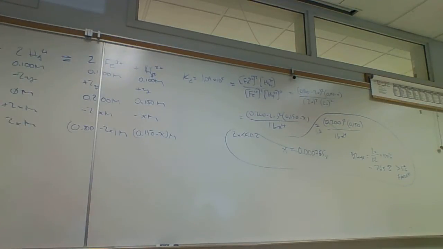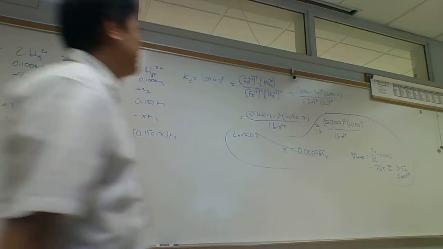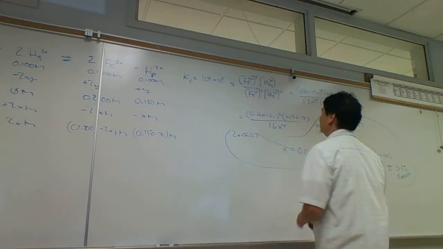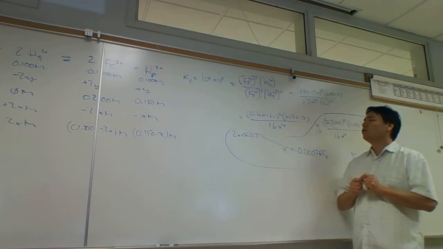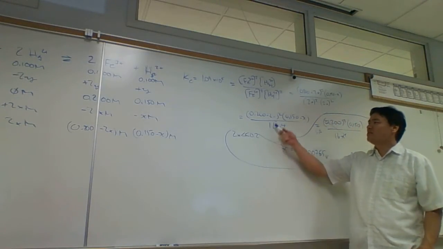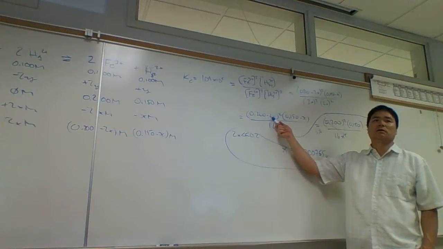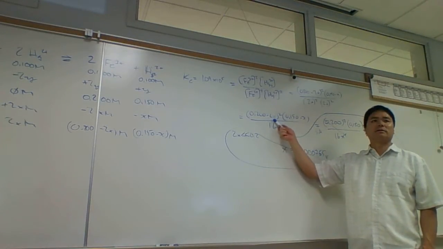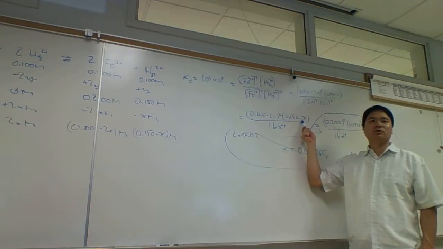When you did the simplifying assumption, you chose the smallest initial, and why is it 0.2 instead of 0.150? Because of this. You want to normalize it. What I mean by normalize is you want to normalize the change. So the change here is 2x. To normalize it, we multiply this one by 2.